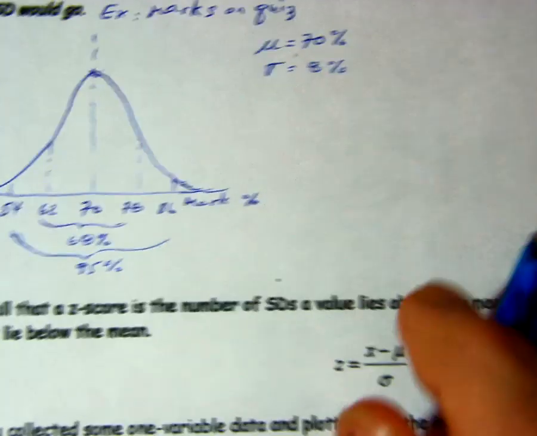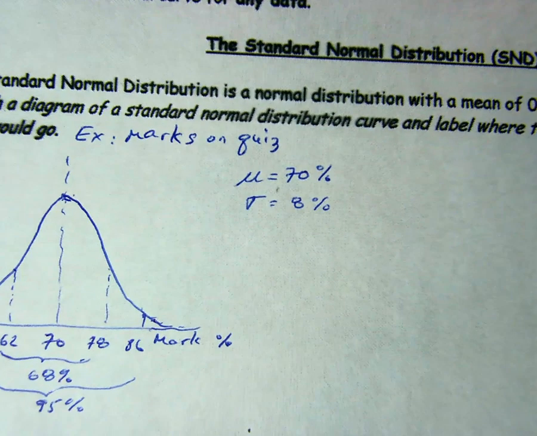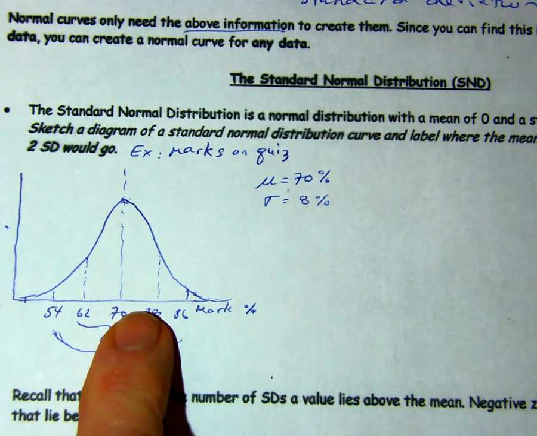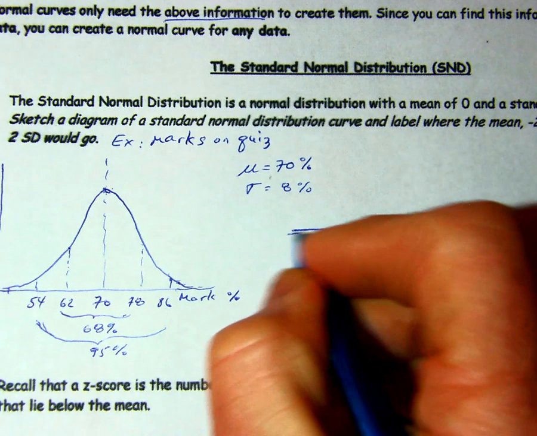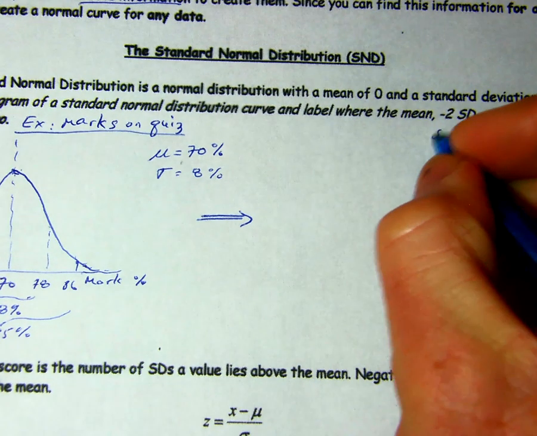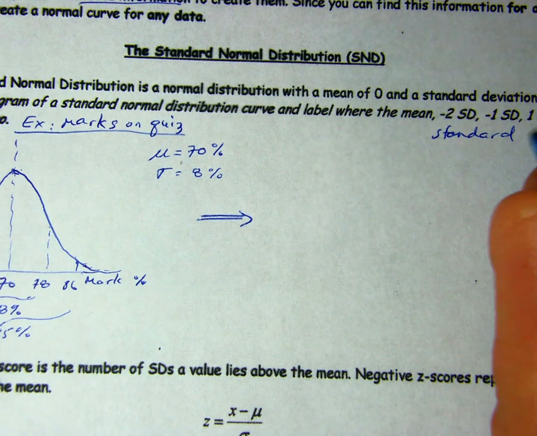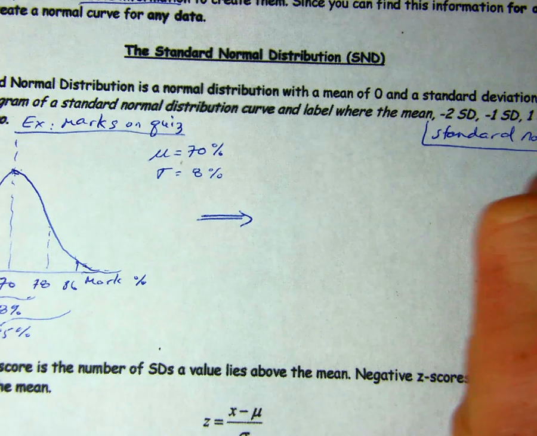Okay. So let's talk about what the standard normal distribution is. When we do questions, we're always going to convert the actual data that we get into something called the standard normal distribution. So this is an example, and we're going to do the standard normal distribution over here.